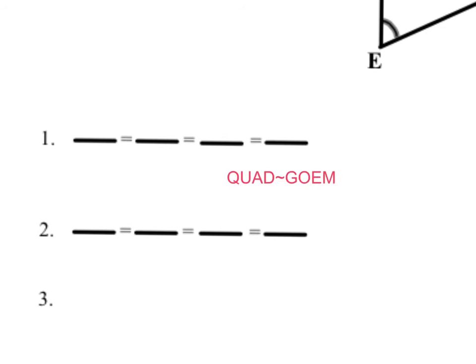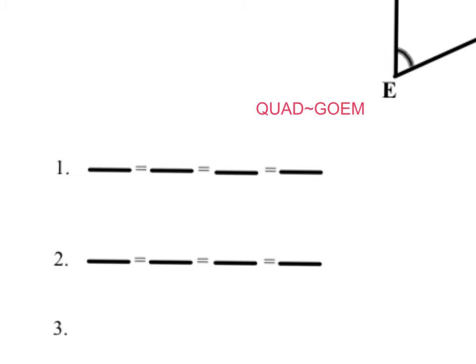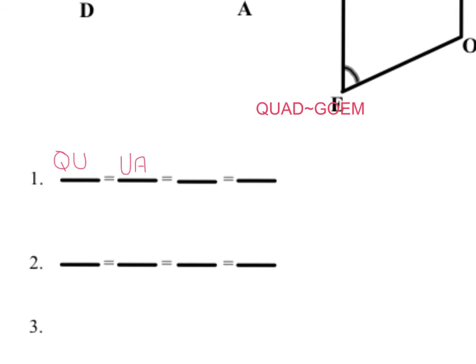I will enlarge it a little to make it easier to write. I will now use QU and then UA. Relocate this a little. I will then use AD and QD.